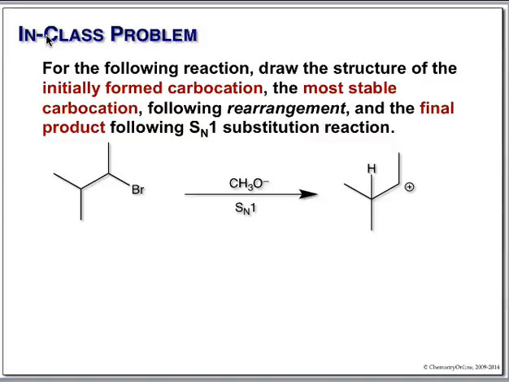So once again, we have a secondary carbocation adjacent to a tertiary carbon. That means that this hydrogen is going to slip over with its electrons to this center, and we're going to leave the tertiary carbocation. That is our most stable following rearrangement.